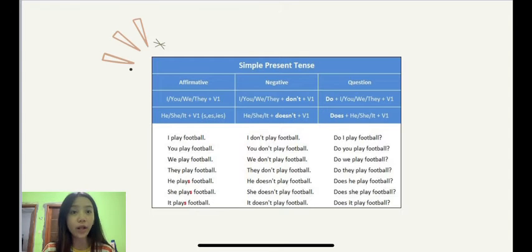After we know what simple present tense and tenses are, I will describe the affirmative of simple present tense. I, you, we, they plus verb 1, and she, he, it plus verb 1 adding s, es, or ies.